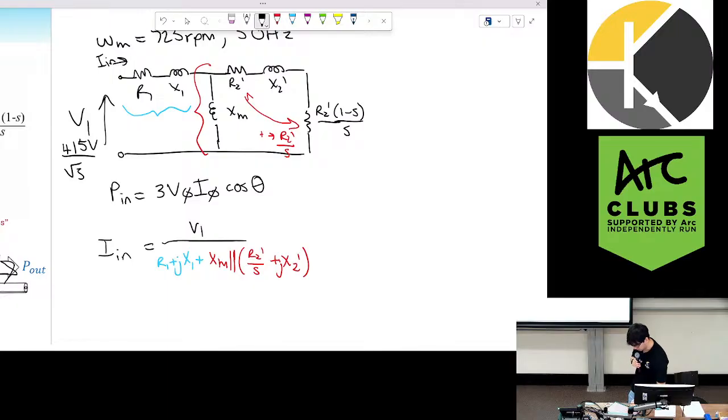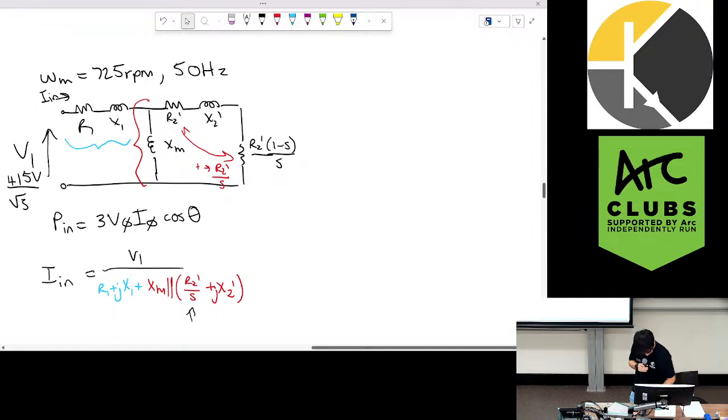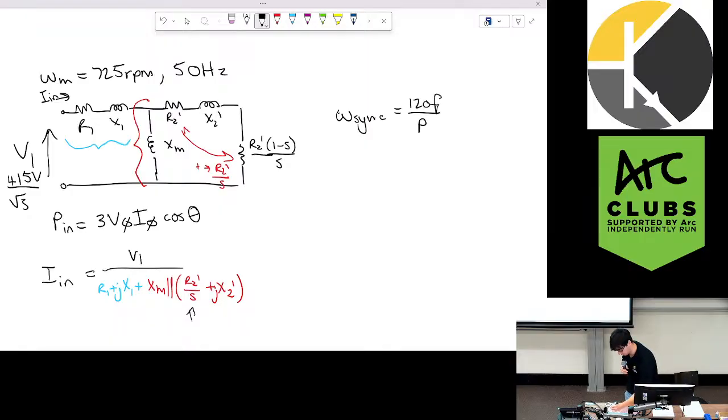So as I can see in here, I need slip to actually get this value. So we're going to find slip to start. To find the slip of this one, we know that the synchronous speed is going to be 120 f over P. So this is 120 times 50.